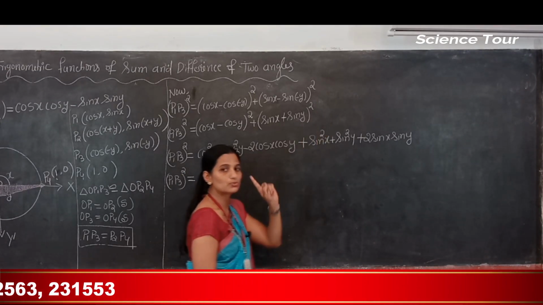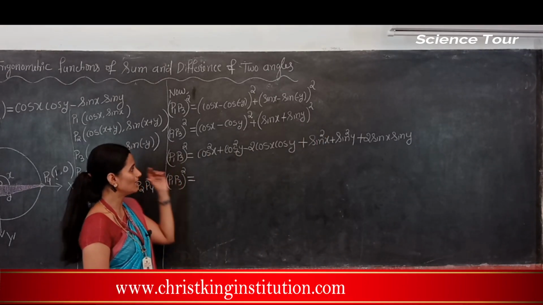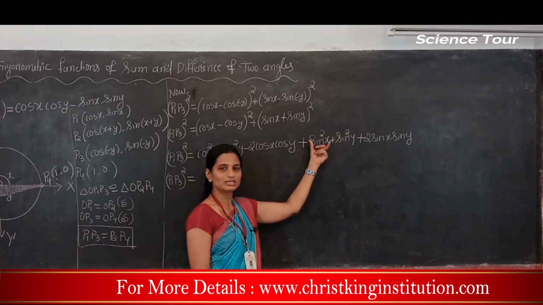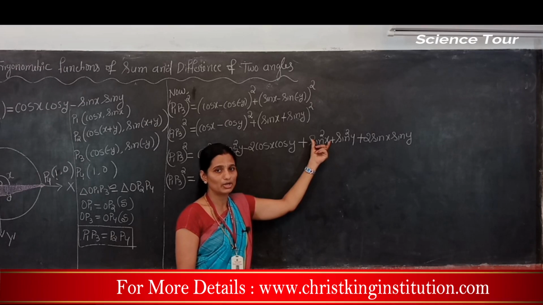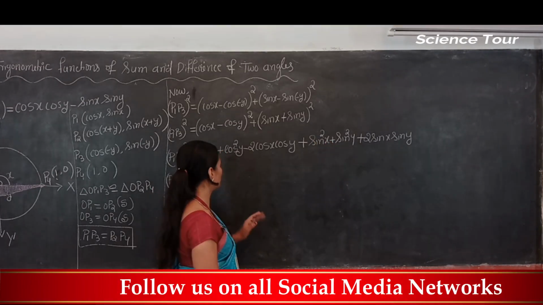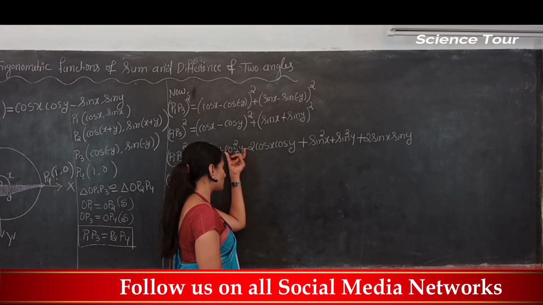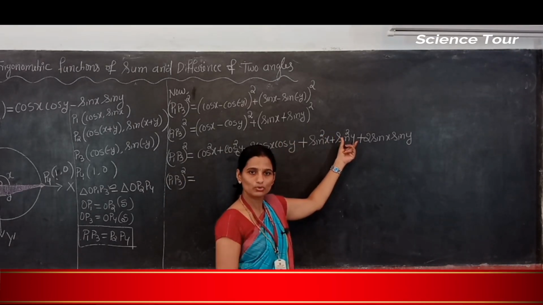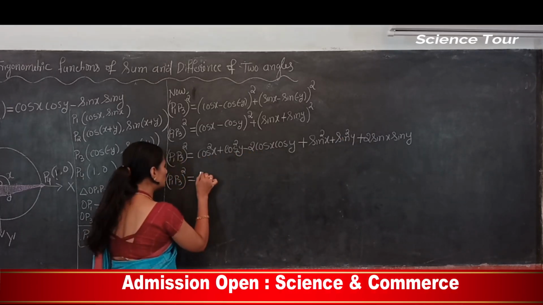So you can use one identity here. Which identity? See, cos square x plus sin square x, if you combine those two, we can replace it as equal to 1, right? Similarly, cos square y plus sin square y is equal to 1.